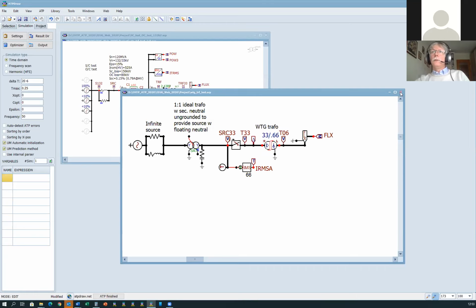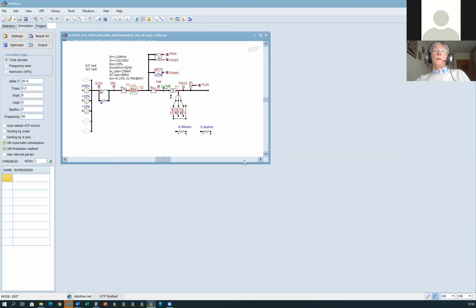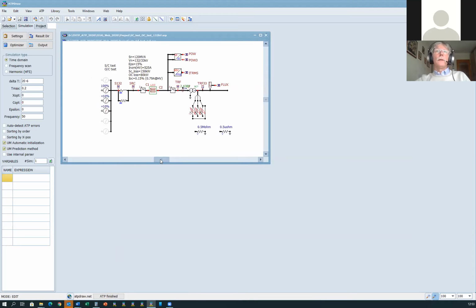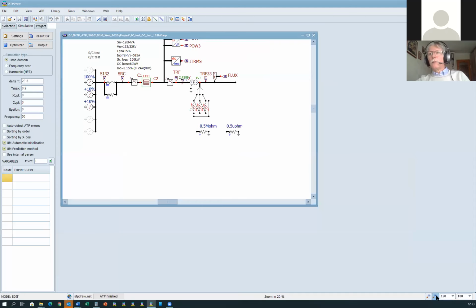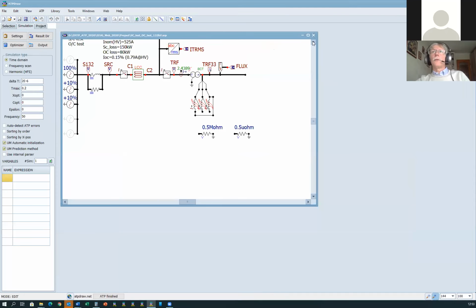So let's do a test on a different transformer. How to repeat the factory test of the manufacturers?